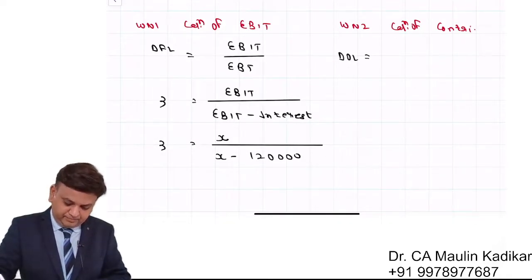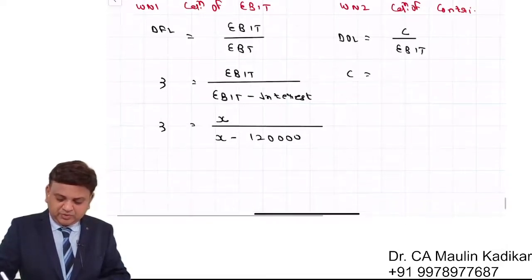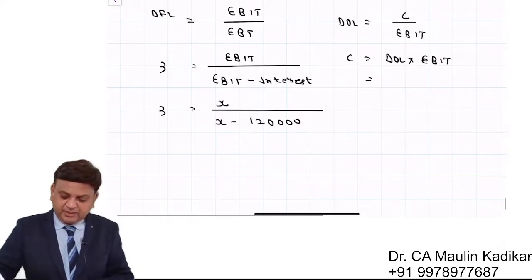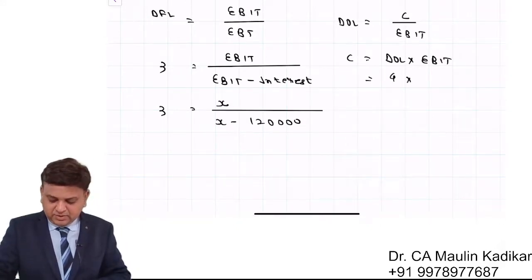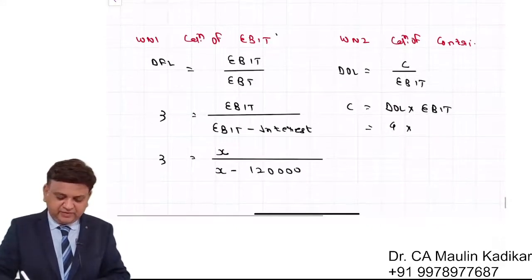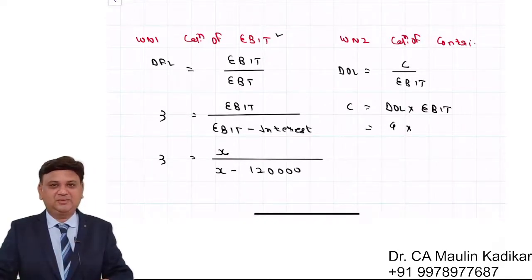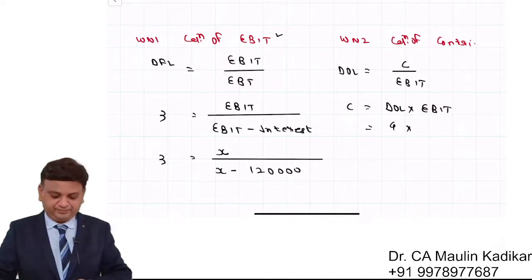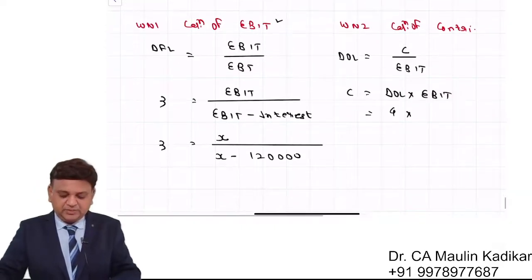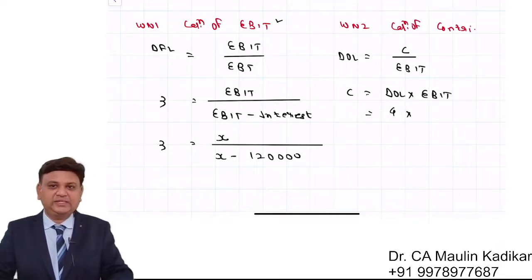It is contribution upon EBIT. So contribution is equal to DOL into EBIT. Degree of operating leverage is 4 into the EBIT value that we find from here, and based on that we can compute the contribution. That is the way we are required to make the calculation of contribution. So please write an answer for the first and second working note.